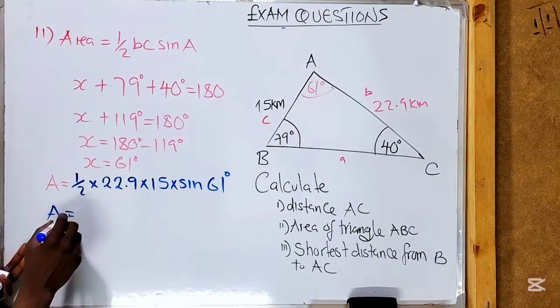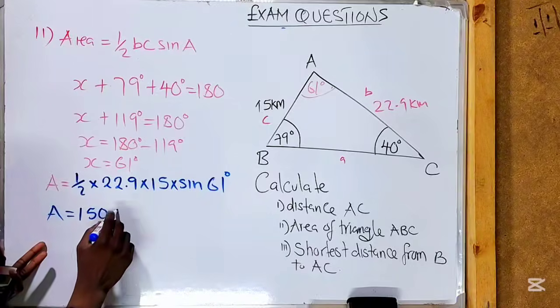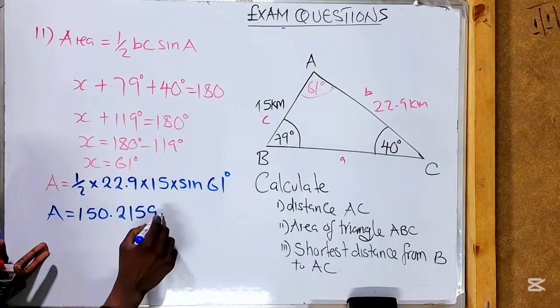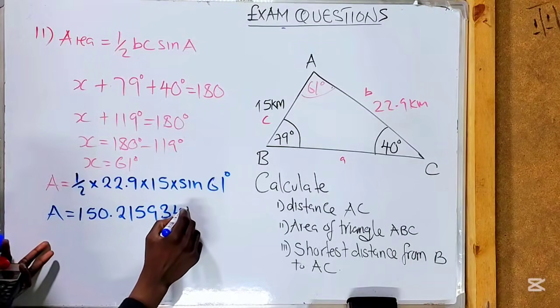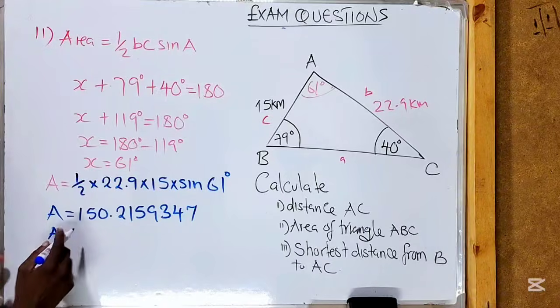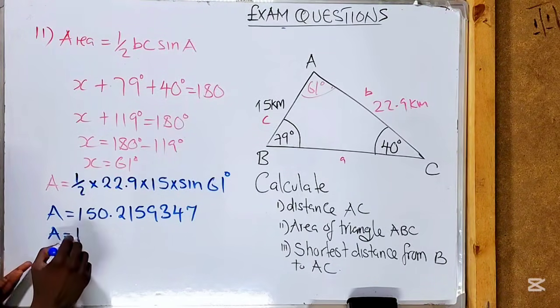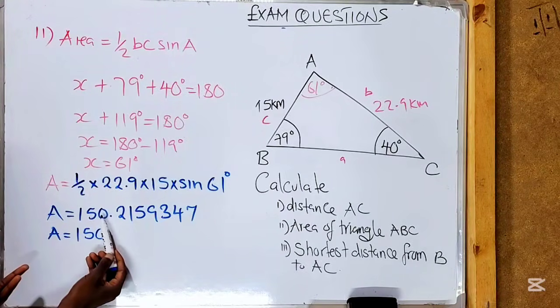All right, so this is giving me 150.2159347. Okay. So let's round this one off to 3 significant figures. So I have 1, 2, 3. So it will be just 150.